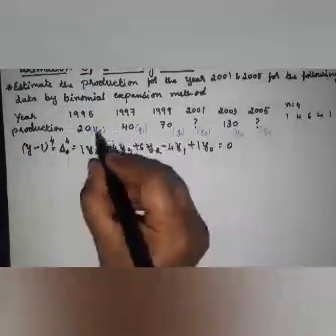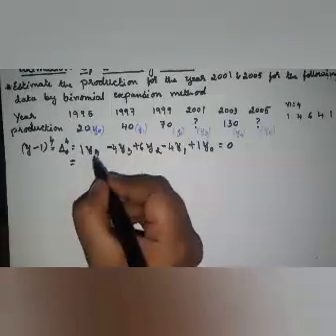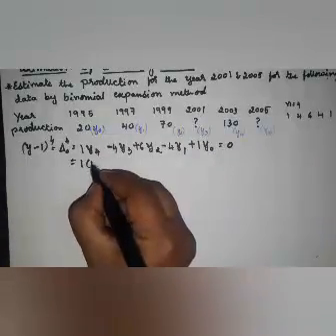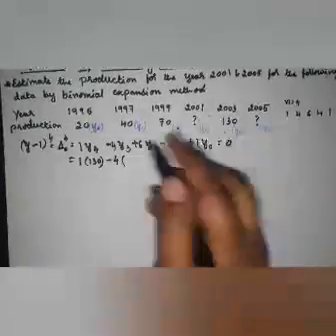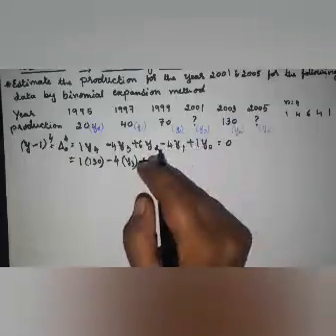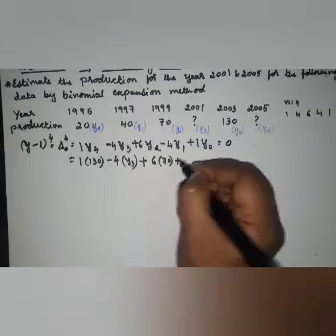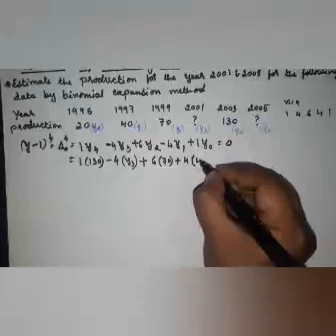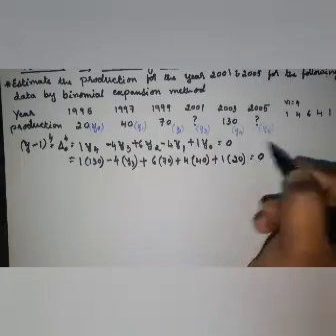Substituting all the values into the equation: 1 into y4, that is 130, minus 4 y3. We don't know y3, so just keep y3 as it is, plus 6 into y2, y2 is 70, minus 4 into y1, that is 40, plus 1 into y0, that is 20, is equal to 0.